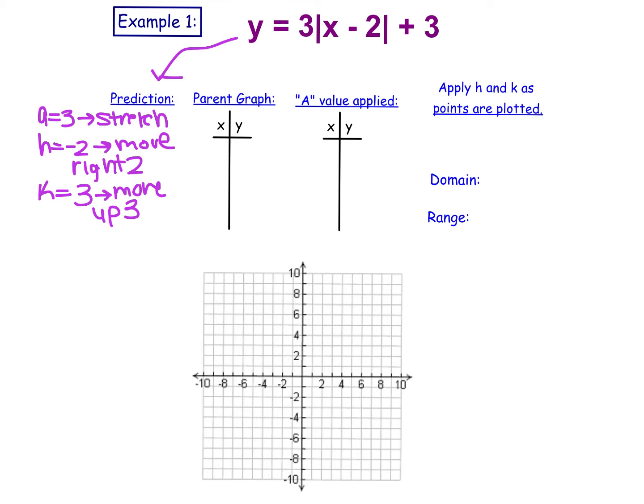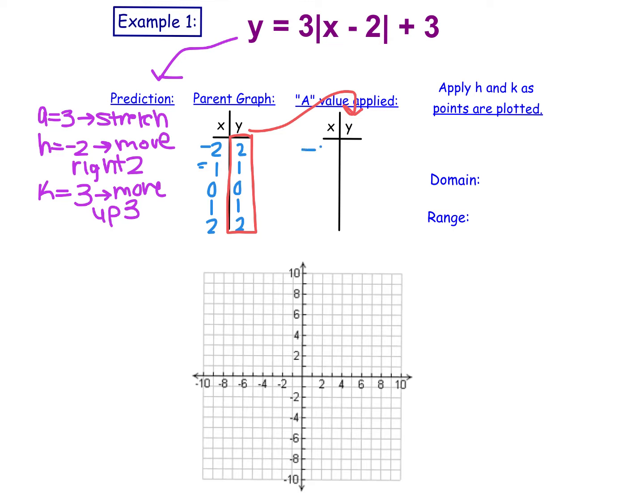So now what I'm going to do is take my parent graph. Remember, my parent graph, the x values were negative 2, negative 1, 0, 1, and 2. And then my y values were 2, 1, 0, 1, 2. What I'm going to do here is apply my a value to all of these y values and rewrite them in a new graph.